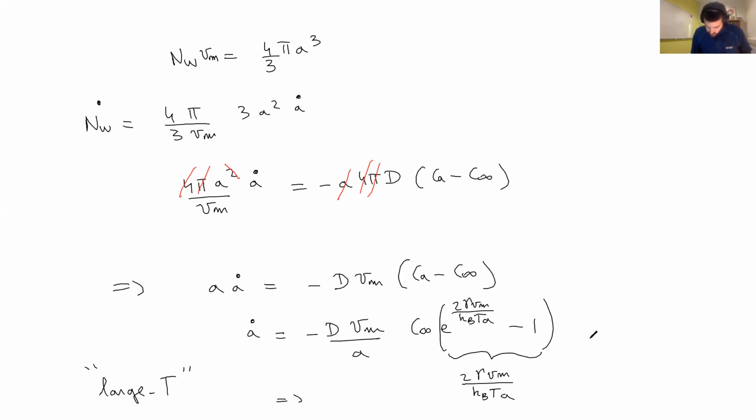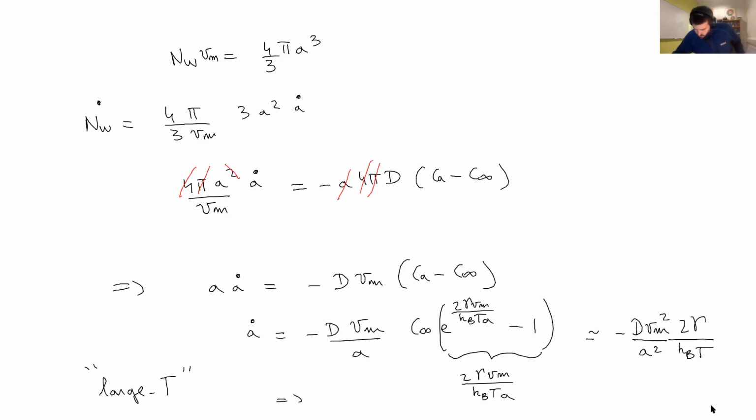So this becomes minus D Vm over A squared times 2 gamma Vm squared kBT. And thus, it's an equation on A cube, in fact. So you have A squared A dot, I think there is a factor 2, 2 gamma Vm squared over kBT.